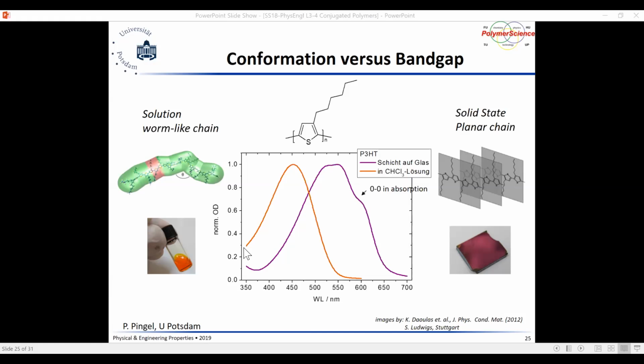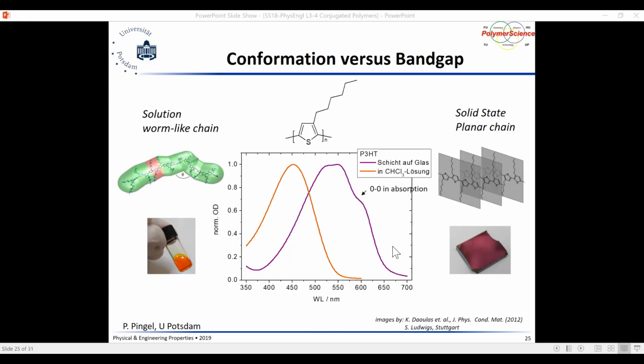Here is the absorption, this red-orangish color, of a polymer known as PIF-BHD in solution. And the purple is the absorption of exactly the same material, but instead of leaving it in solution, we solidified it: the same solution was taken and made into a solid state by spin coating.